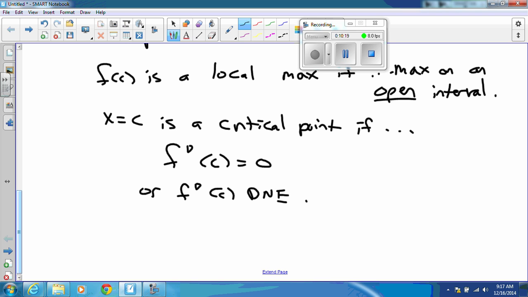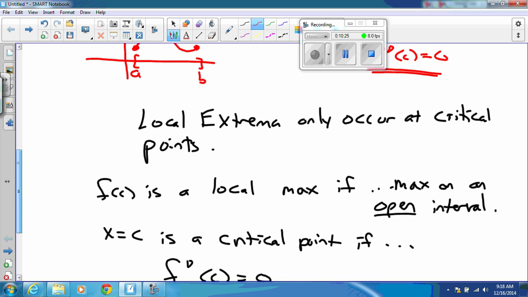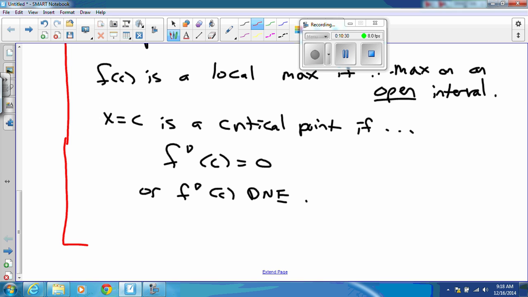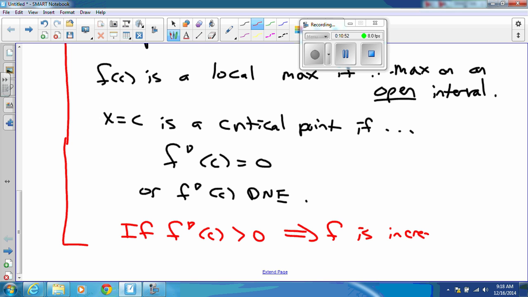Now, why do I say that local extrema only occur at critical points? So, this is another theorem that's worth knowing how to prove. We say that local extrema only occur at critical points because if f prime of c is greater than 0, then that immediately means that our function is increasing through c.